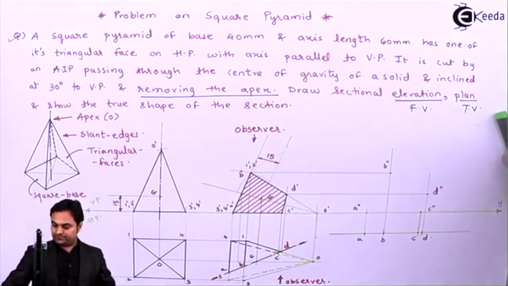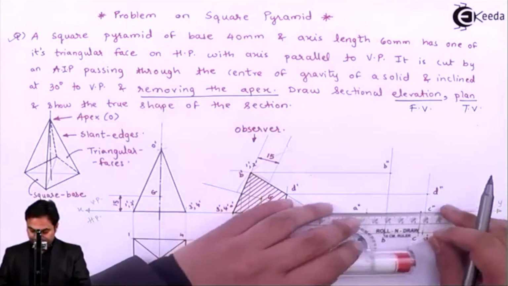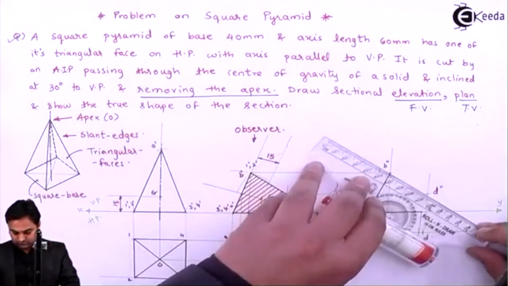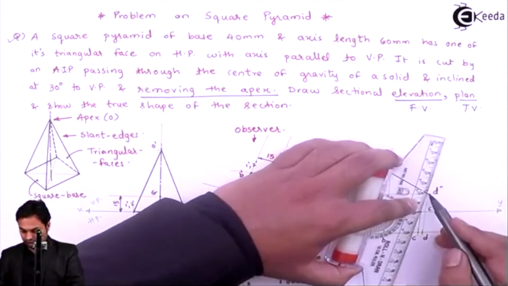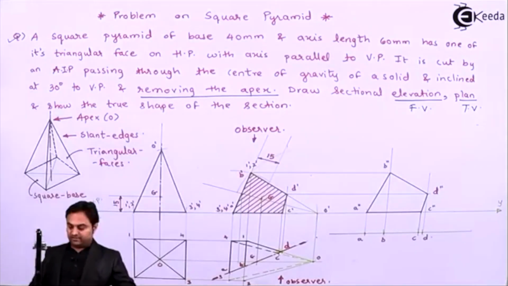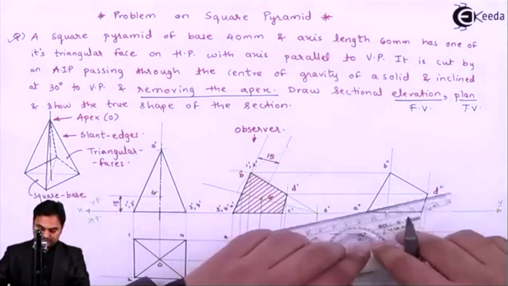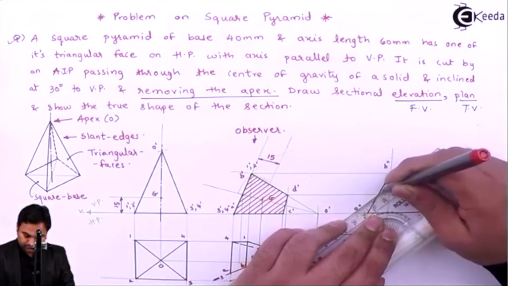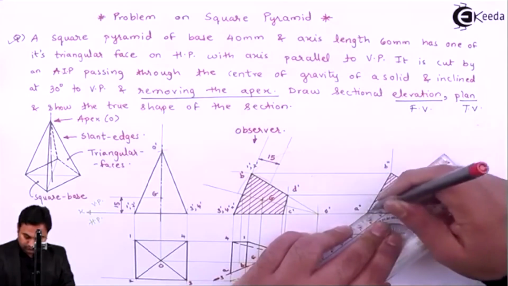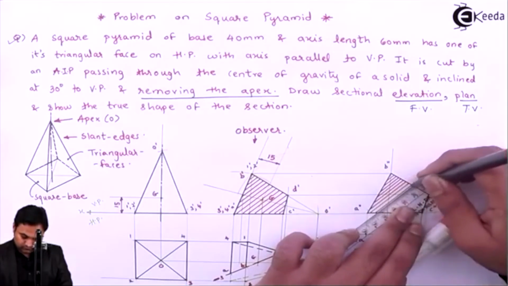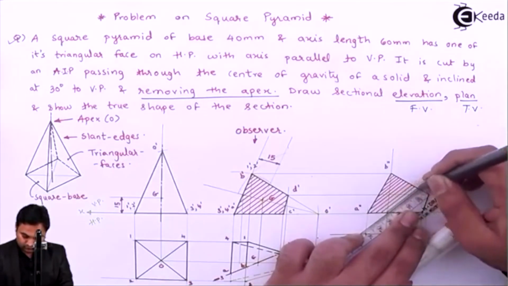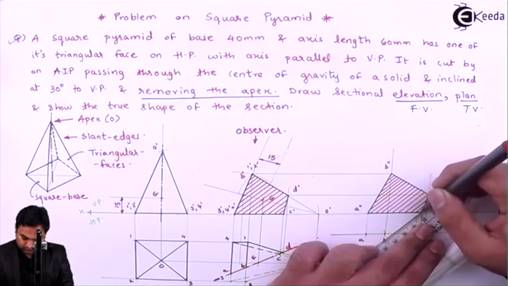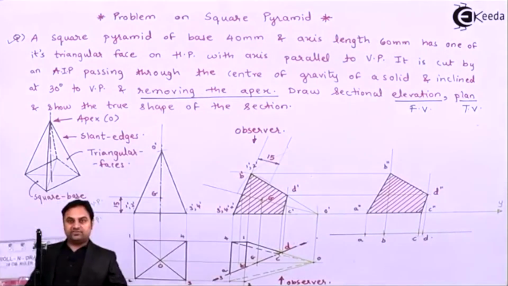Then joining these points in sequence. Then drawing the section lines over this cut section. So this is the true shape of the section.